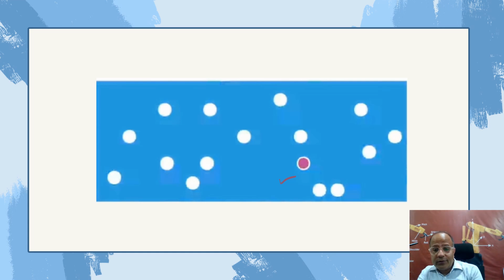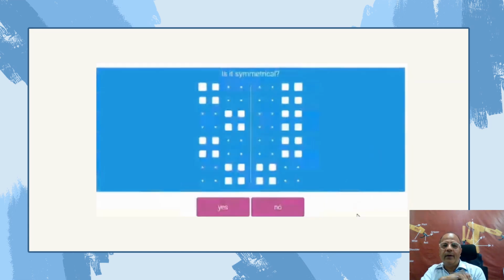So either you try to number it in terms of an array, or you try to just recollect it in memory. The next slide is again a 5 seconds one where you have to say whether it's a yes or a no, and mind you, you need to do it correctly for sure. It says, is it symmetrical? Do you think the left side is symmetrical to the right side? No. So answer no. Go to the subsequent slide.